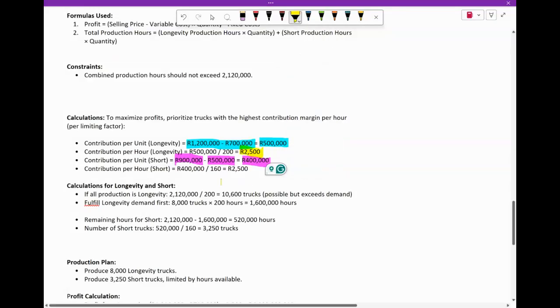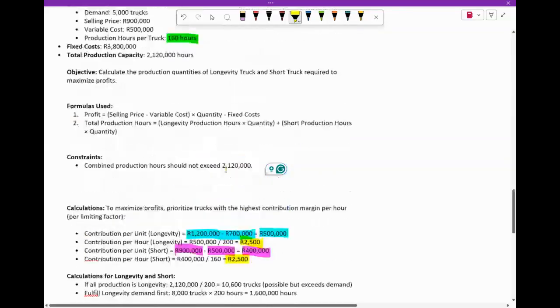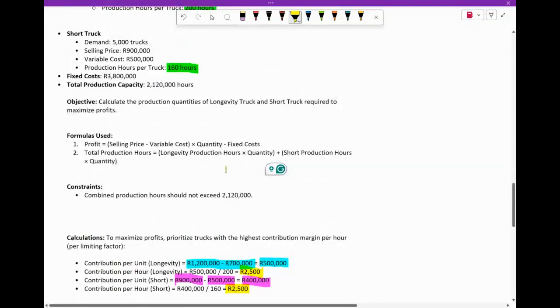Now let's compare with short. 400,000 contribution divided by your limiting factor of 160, you get, can you imagine, 2,500. So how do we rank these? Because both are giving us 2,500. How do we rank them?